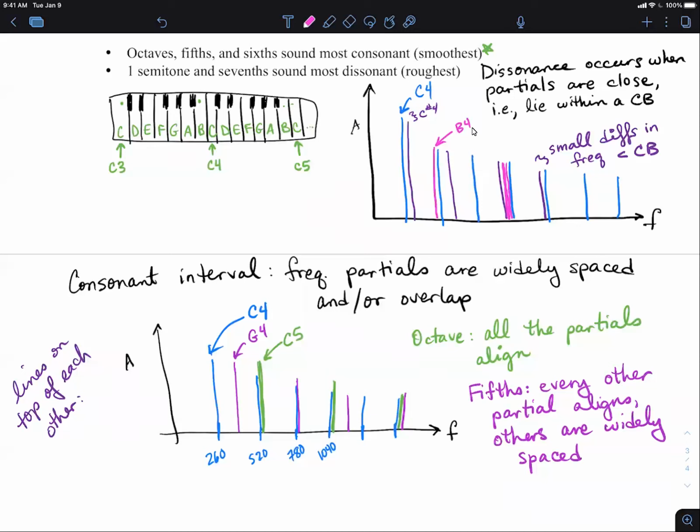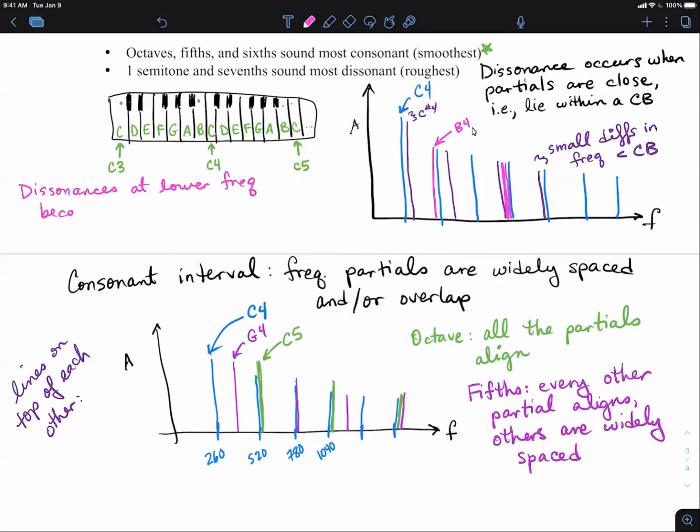Another thing to know about dissonance is that dissonance increases at lower frequencies. So if you go down to the bottom end of the piano, more notes that are relatively close together will sound dissonant because the critical band is a larger percentage of an octave.